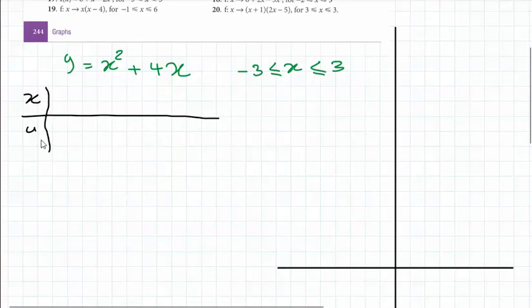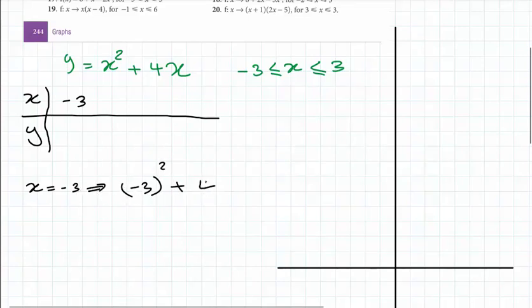X here, y there. Okay, when x is equal to -3, we will have -3 squared plus 4 times -3. -3 squared is 9. 4 times -3 is -12. 9 minus 12 is -3. So -3 is one of the points.